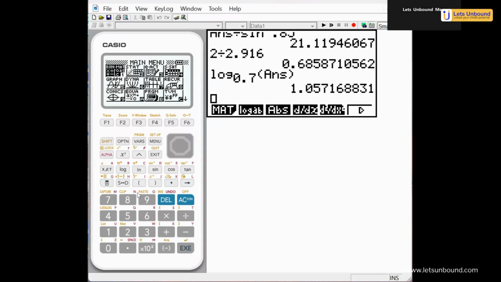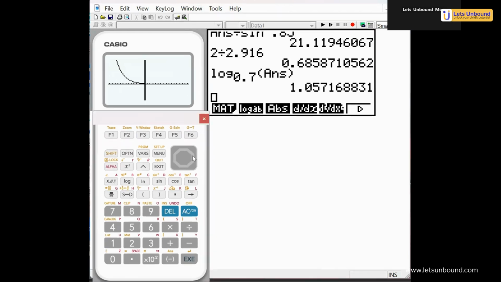Now we will use the graph function here and substitute 2.916 into, we have 0.7. So we will substitute 0.7 and raise it to the power x. This is an exponential graph, as you can see.